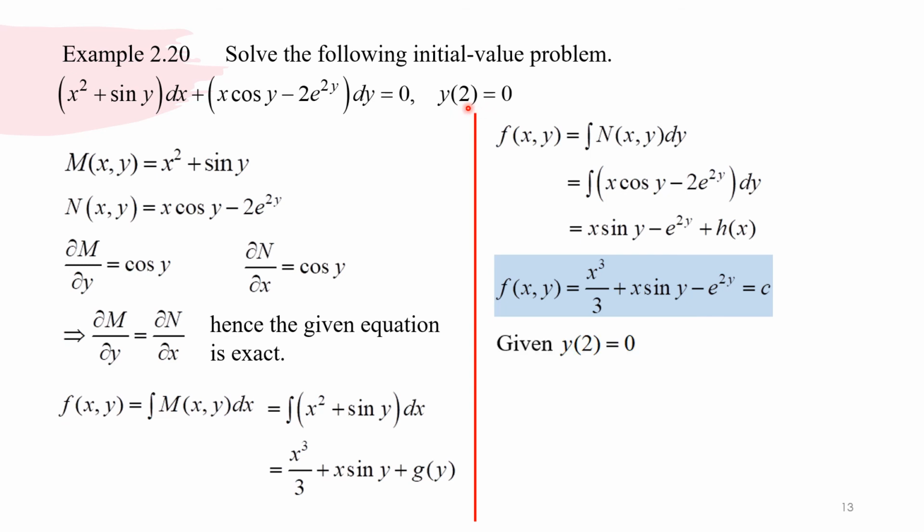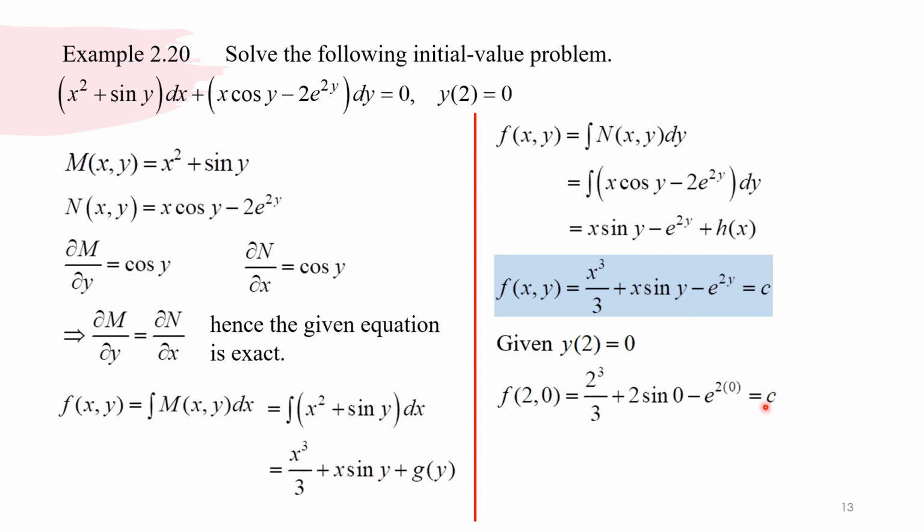Substitute x by 2 and y by 0 in this solution of the exact equation. So f of 2, 0: x is 2, y is 0. So 2 cubed divided by 3 plus 2 sin 0 minus e to the power of 2 times 0 equals C.